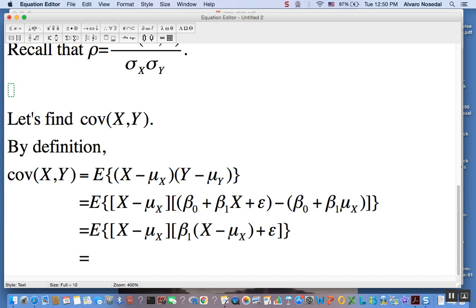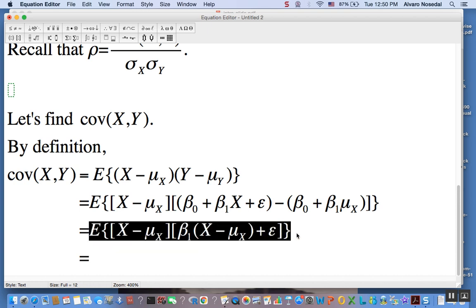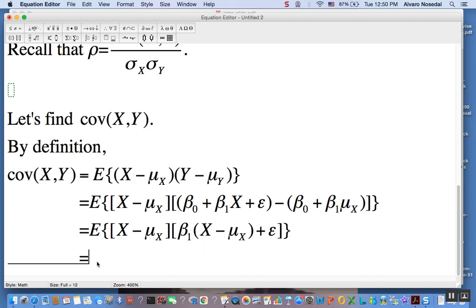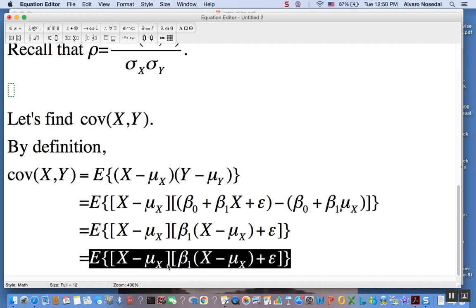What else? That expression there, we could rewrite as beta 1 times x minus mu sub x squared plus x minus mu sub x times epsilon. So let's do that.